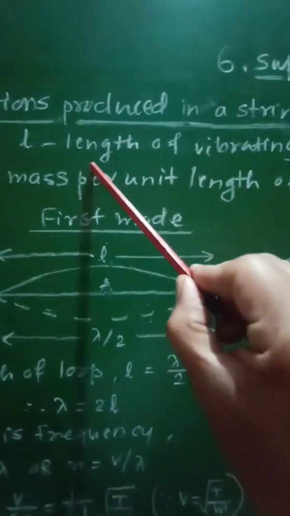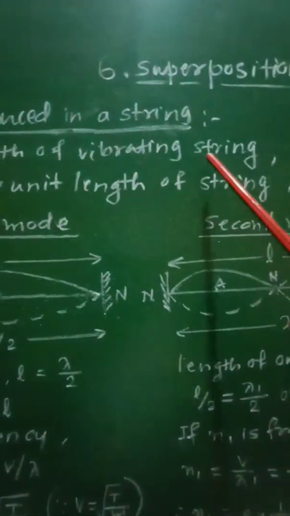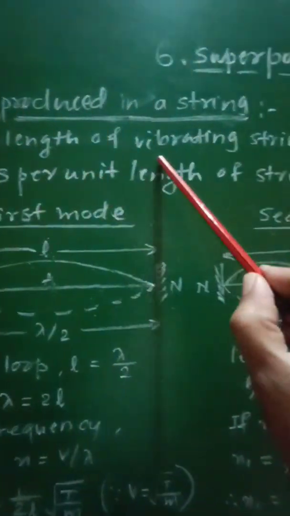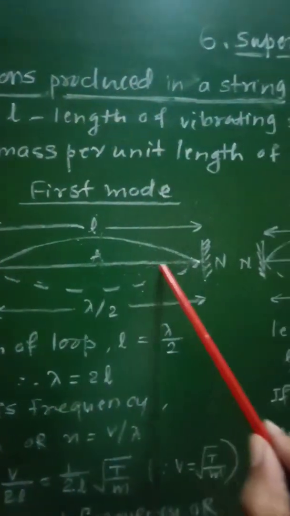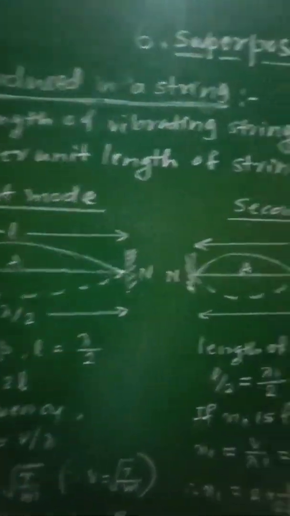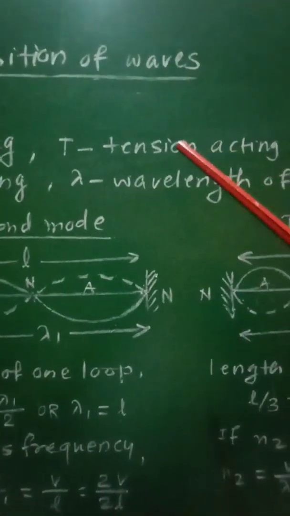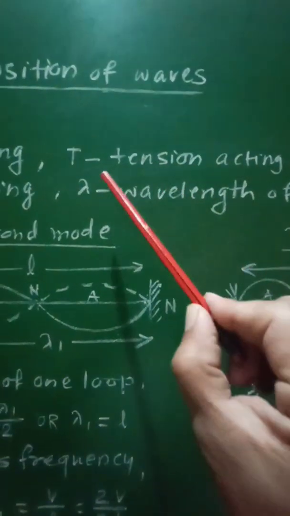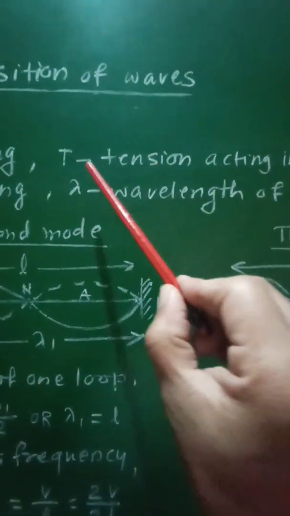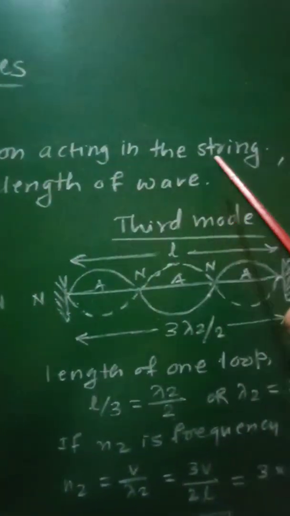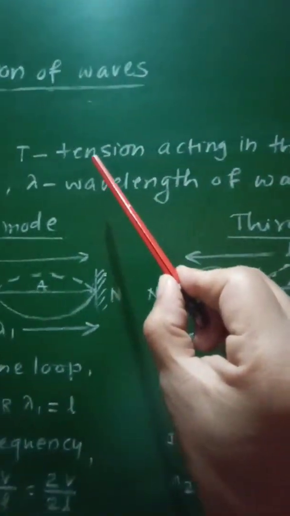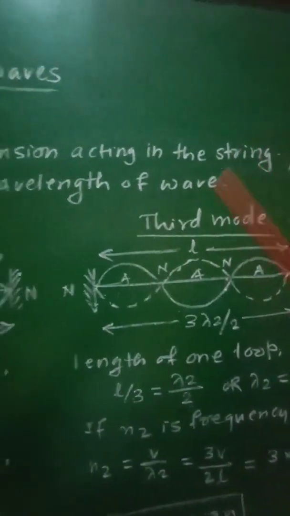Let L represent the length of the vibrating string, that is the length of the string between these two rigid supports. Due to plucking or vibrating the string, tension T will be created, so T represents the tension acting in the string.